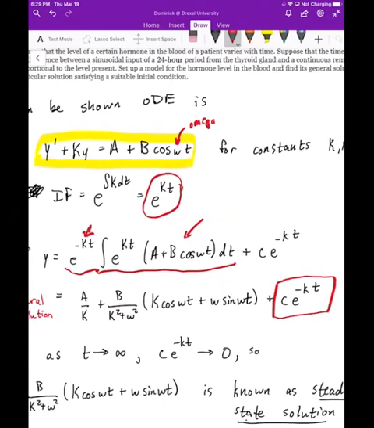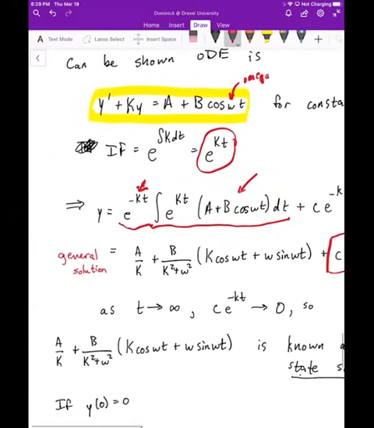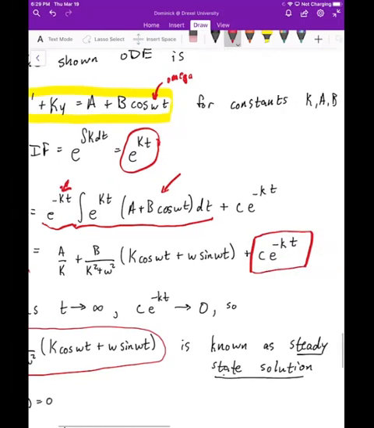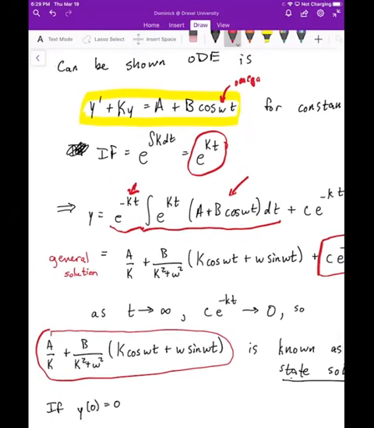So when t is extremely large, you're going to be left with just the other stuff. And that's what's known as the steady state solution, because after a while, that's what the system is going to settle into as far as a long-term or limiting behavior is concerned.